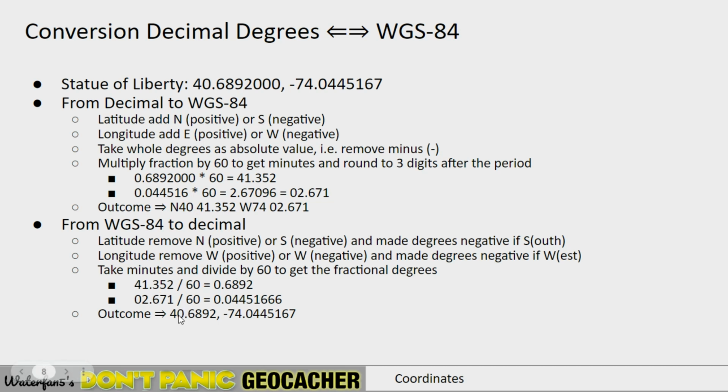We add that again to the initial 40 that we had for the degrees, and we get 40 and then the fraction. Same for the next one, we had 0.2671. We divide it by 60, and that becomes our fraction to the degrees. And of course, because it was a west, we had to add a negative to it. And that's how you convert in both directions.